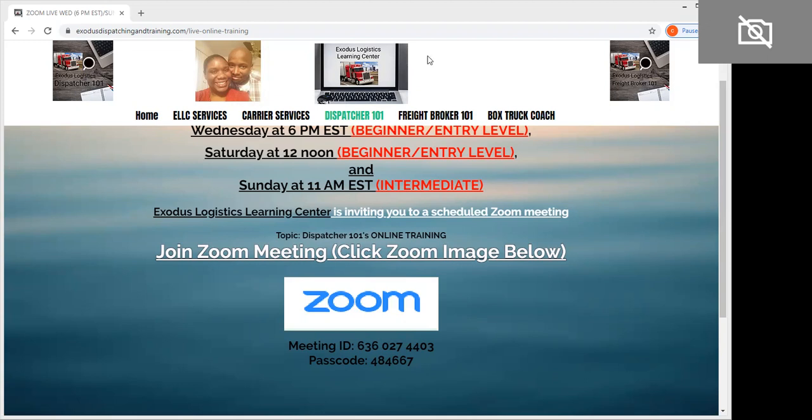There's a chat box in Zoom. If you go to your controls at the top, there should be something that says more on the far right, and you click the more, and it's a drop down that says chat. So you've got a list of Zoom controls at the top of your screen.